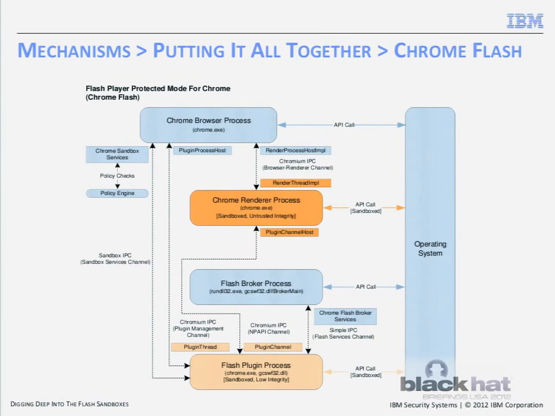For privileged NPAPI calls, the Chrome renderer process uses another set of services exposed by the Chrome browser process. Because the NPAPI interface is limited, Chrome Flash needed another Flash broker process. Its services are callable by the Flash plugin process via simple IPC.